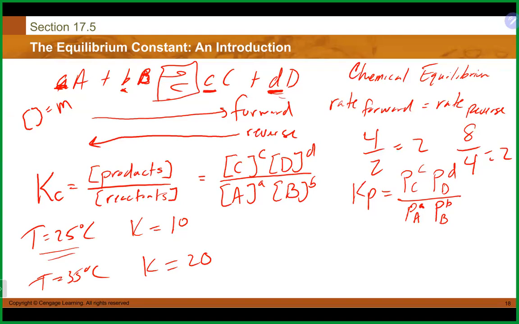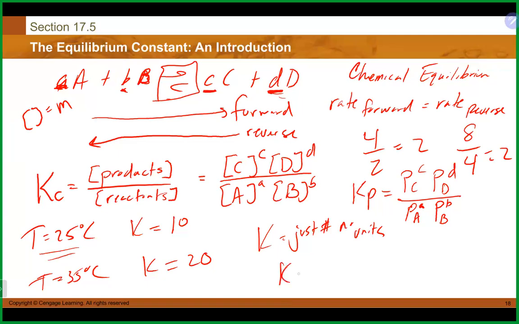The Kc and the Kp value usually, in most cases, are not the same numerical value, but they do tell you the same thing. Also a reminder that when you calculate the value of K, K is just a number, no units.